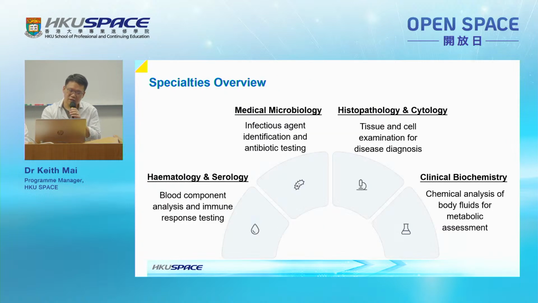Within the field of medical laboratory science, there are four main specialties, four traditional specialties, I should say. Starting off, we have hematology and serology. Hematology is the study of cells in the blood. They could look at the different types of white blood cells, the different types of red blood cells, and the overall counts of the blood cells and platelets.